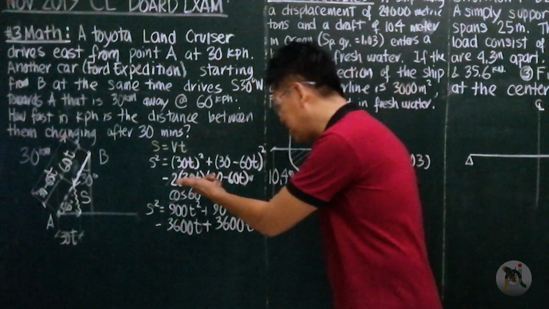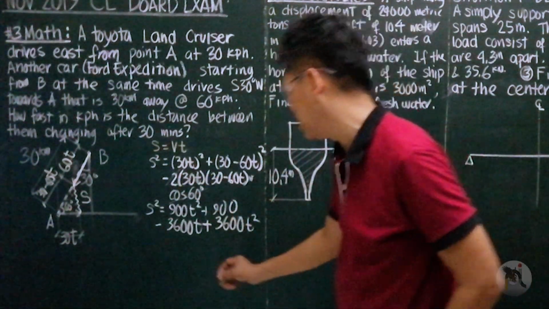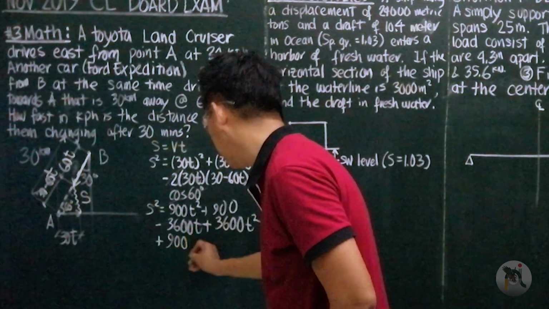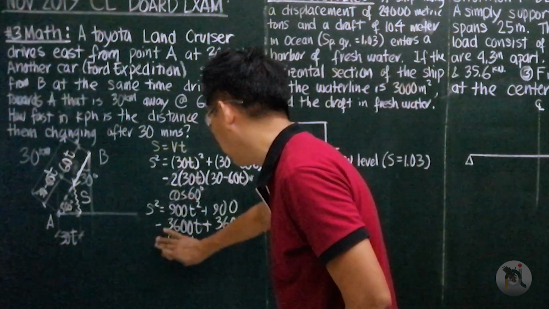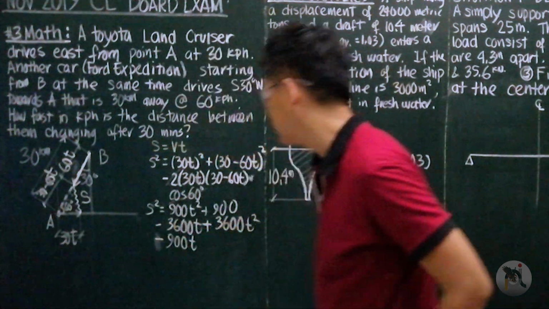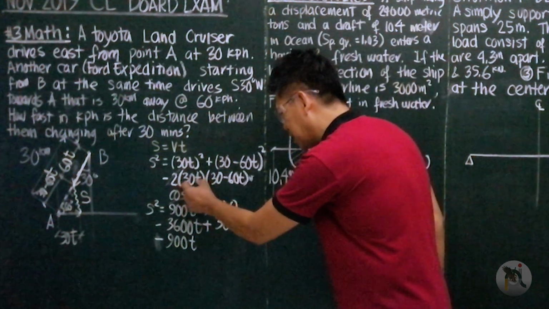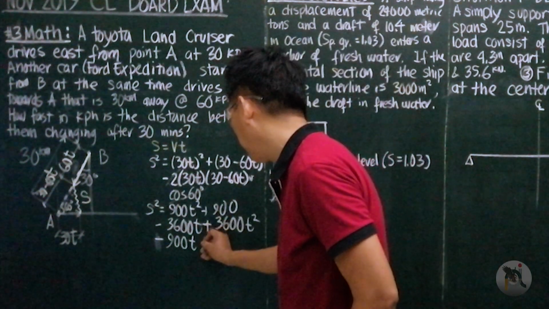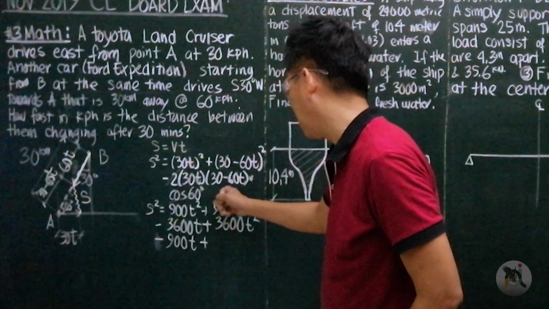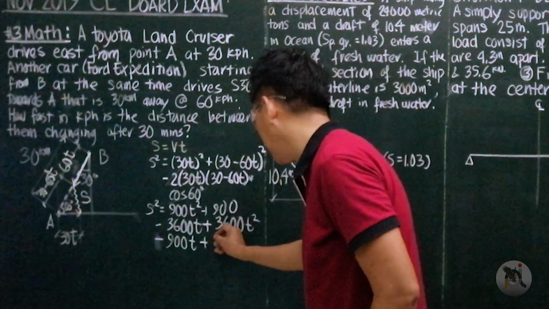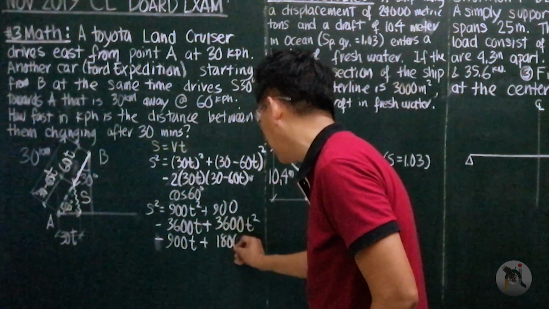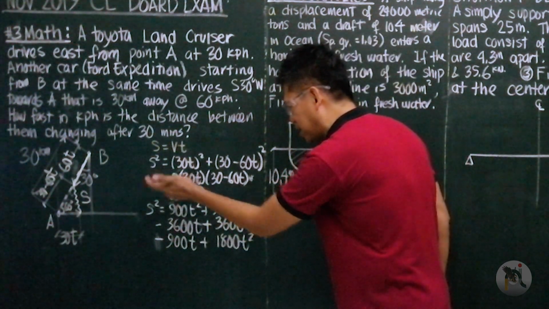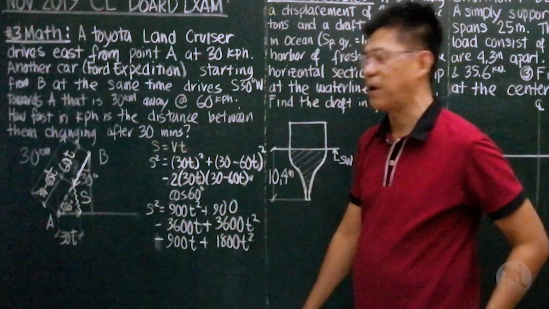While this one is 30t times 30, this is 900t, and this is negative, so this is minus. So 30t times minus 60t, times minus, so this is plus. 30 times 60, that is 1800t squared. This is already plus because this is minus, minus, so that is plus.